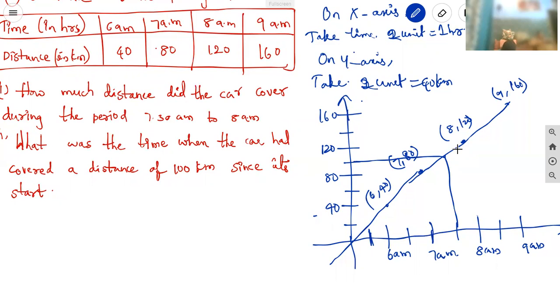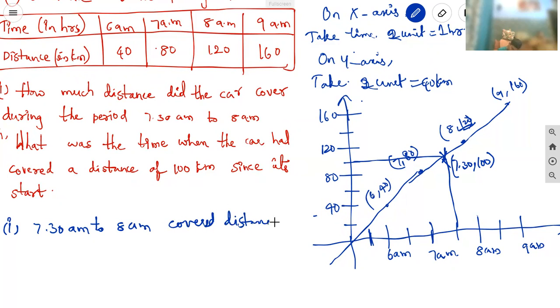At 7:30 a.m., how much distance? 100. At 8 a.m., 120 distance. So the first question, 7:30 a.m. to 8 a.m. covered distance, 20 kilometers.